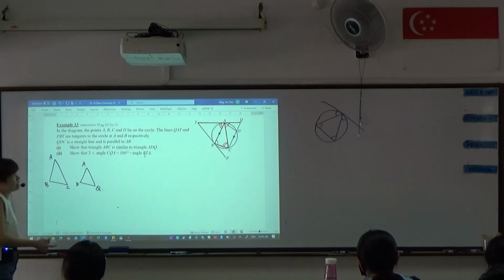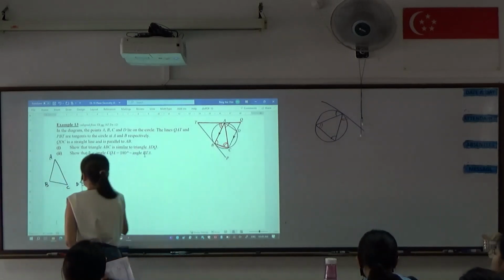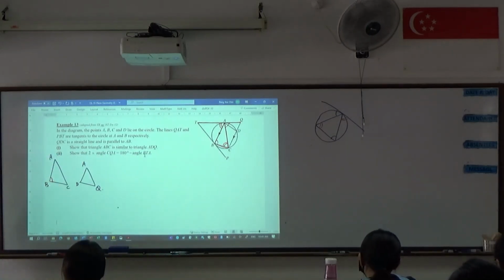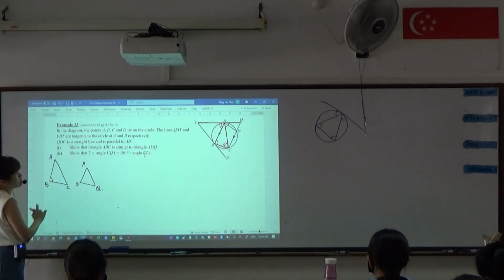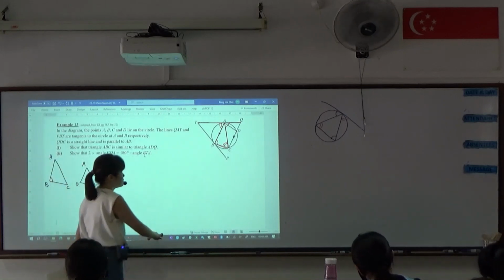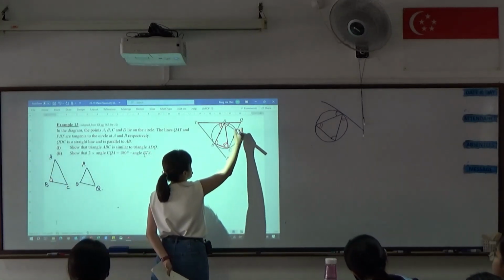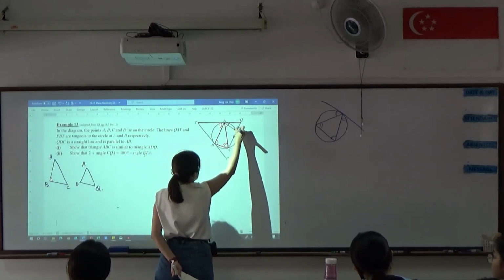So one of the angles that are being identified is this angle B. We want to figure out a way to show that it is equal to this angle over here. Angle D, not angle Q. My bad.